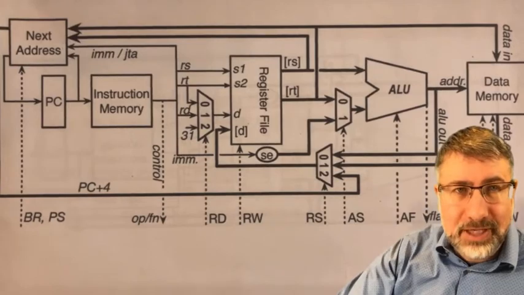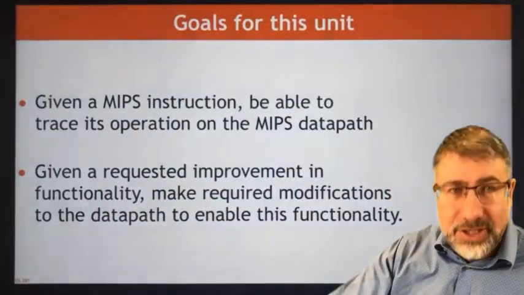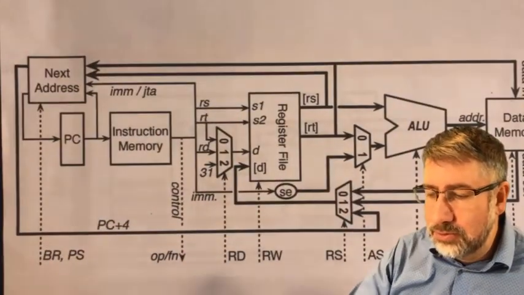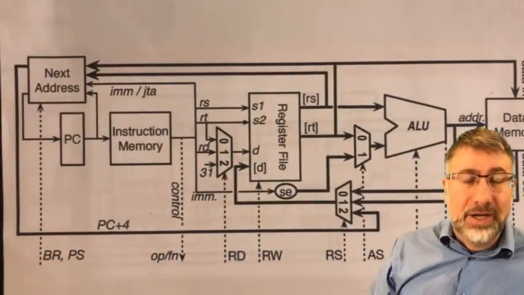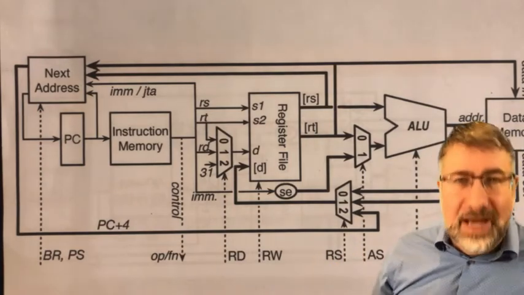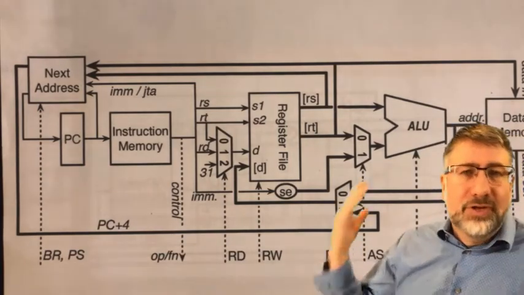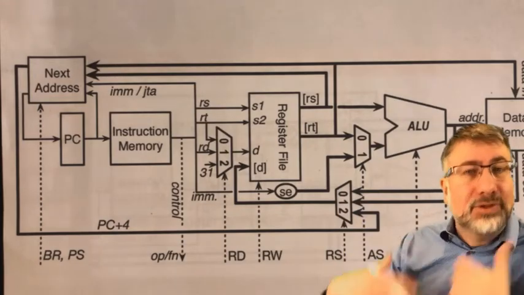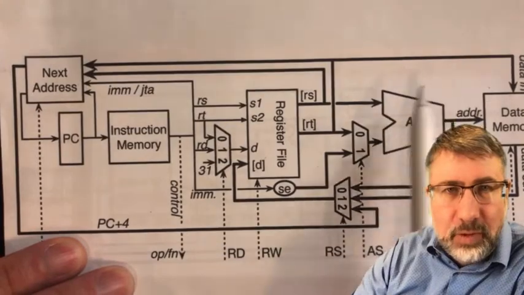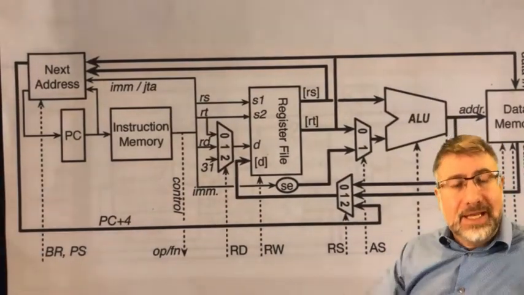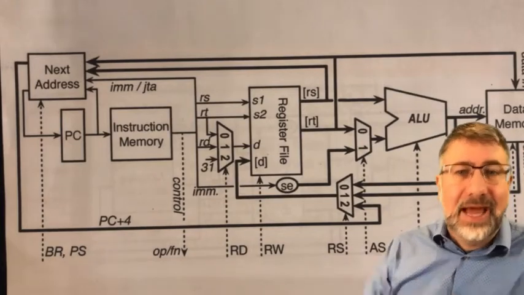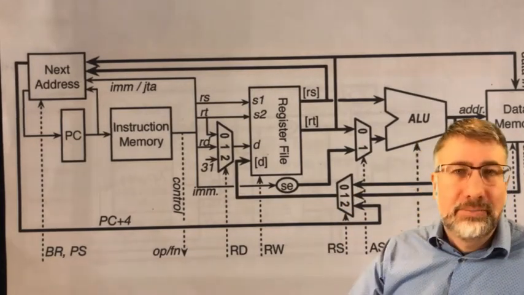Additionally, if I say I have this machine and I want it to do something else, maybe a different kind of addressing, maybe shifting or whatever, you should be able to add that functionality to this machine by adding additional boxes and wires and control points to implement it. Because that was the incremental design we did, and that is the way that we're going to finish building out this machine.